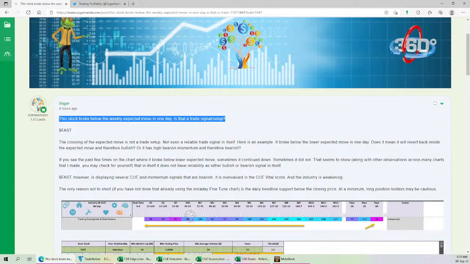It is useful because if it is hitting the expected move in one day, then maybe it is a bit too late to short the stock. Doesn't mean you are going to buy it, and whether it is really too late to short the stock will also depend on your proper trading system analysis, but it still alerts you that the expected move has been covered already, especially on the first trading day of the week.